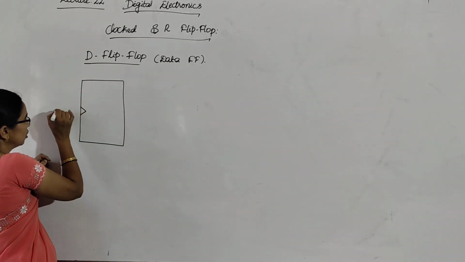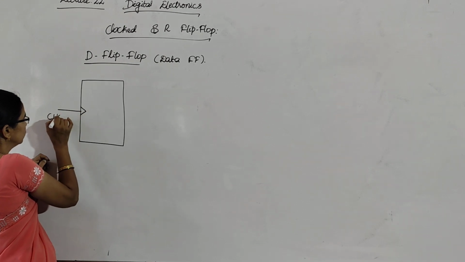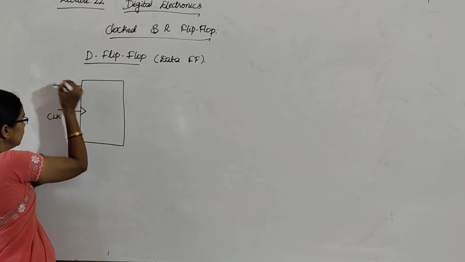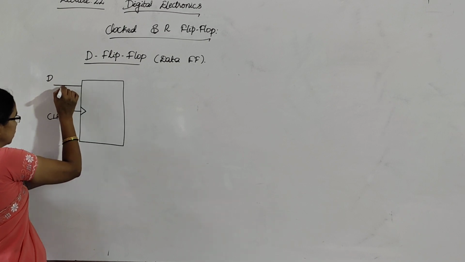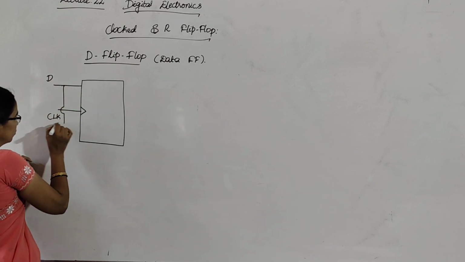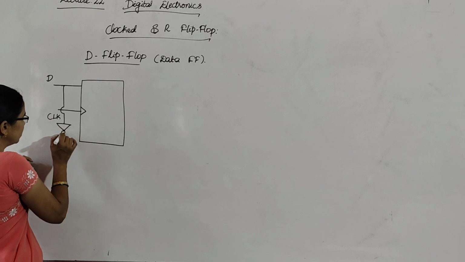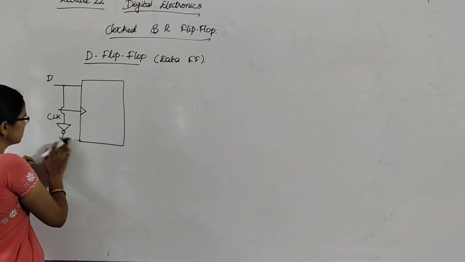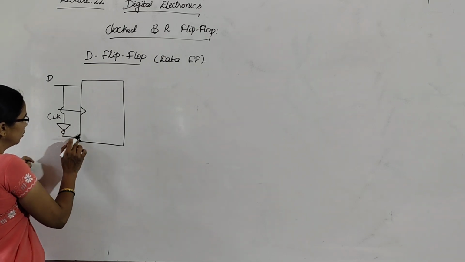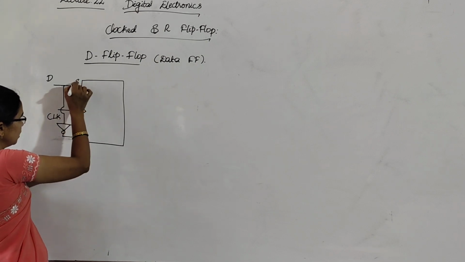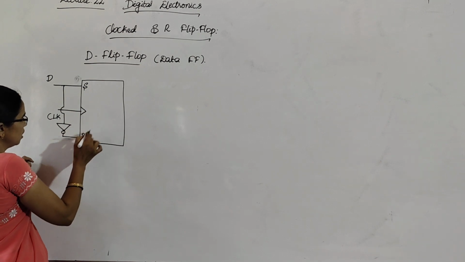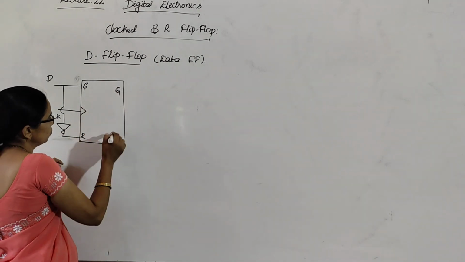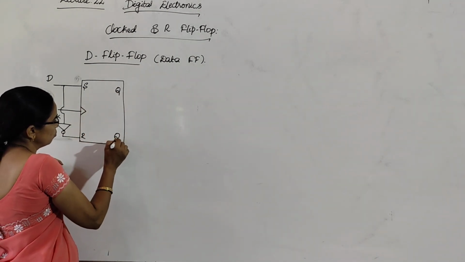If this is the clocked SR flip flop, there is only one input, that is D, and a NOT gate, an inverter, is placed between S and R. This is S, this is R, this is Q, this is Q bar.